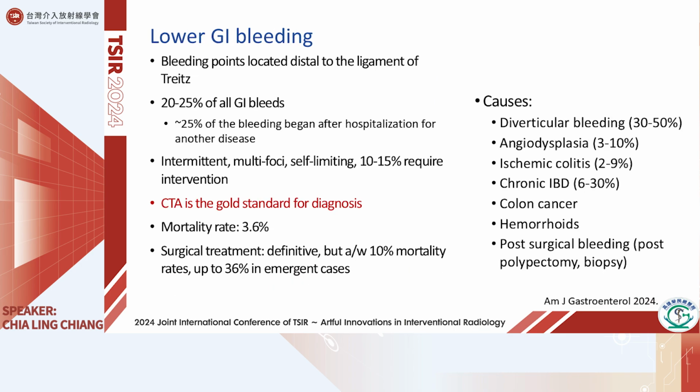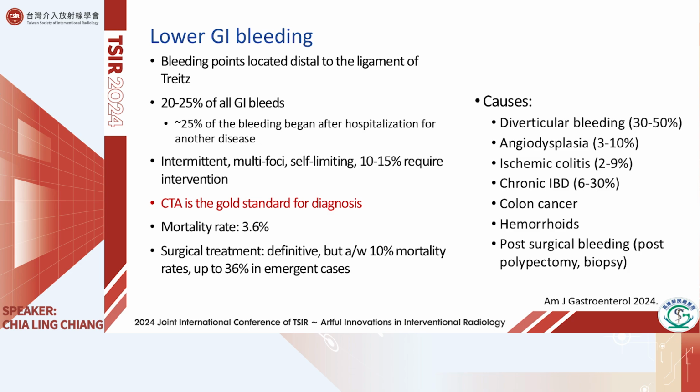We know that lower GI bleeding is defined as the bleeding point being located distal to the ligament of Treitz, accounting for 20 to 25% of all GI bleeds. And about 25% of the bleeding began after hospitalization for another disease. The common presentation of lower GI bleeding includes intermittent, multifocal, and self-limiting, and about 10 to 15% of patients may require intervention.